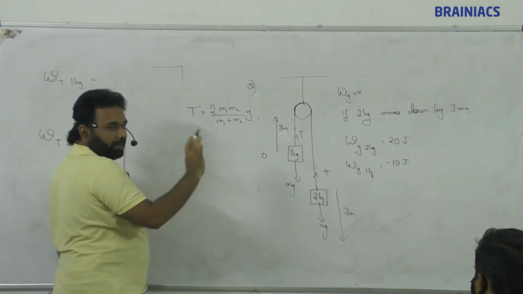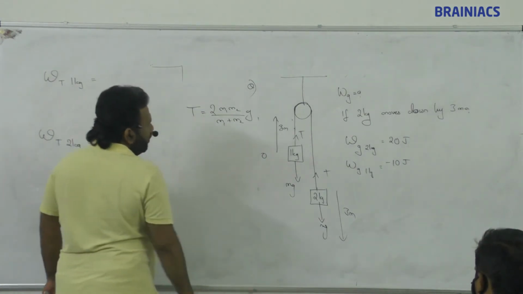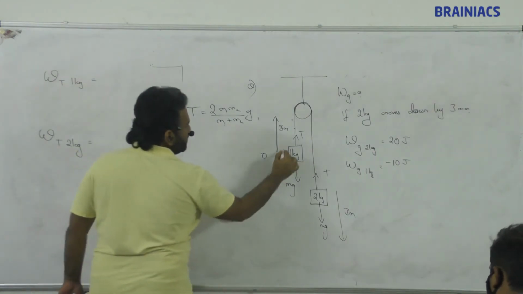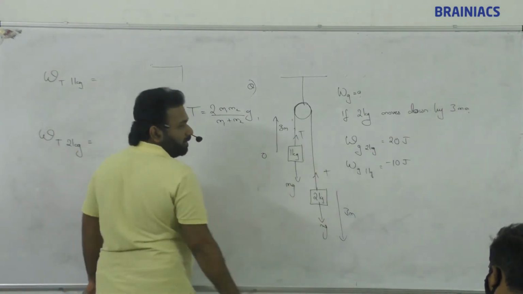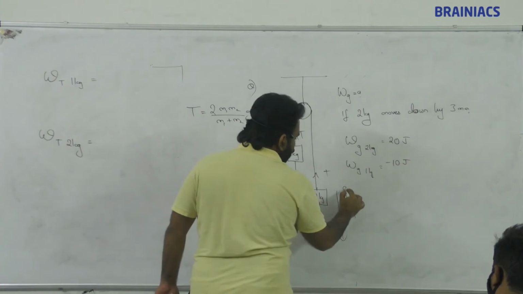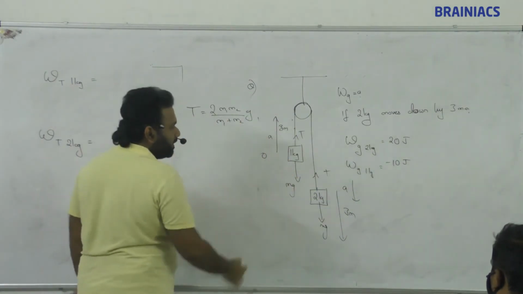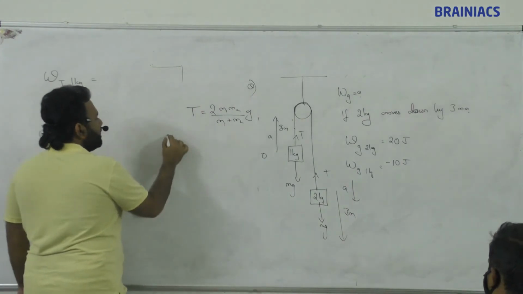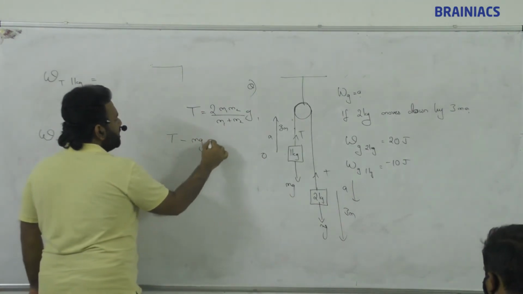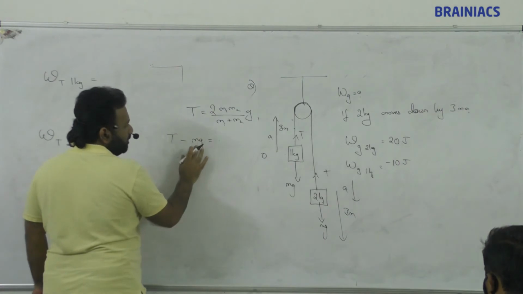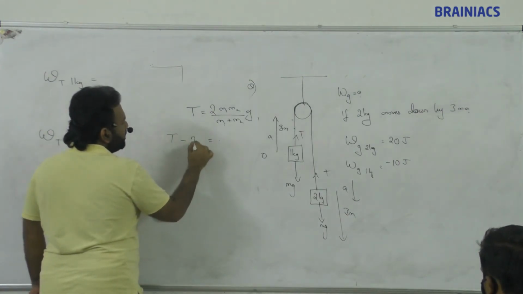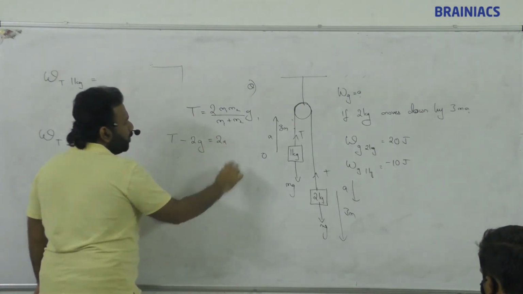For the other case, that was different from this, that 2 will not be there. So this is the formula, or otherwise, this is coming down 3 meter, so acceleration will be in this direction, and here acceleration will be in this direction. So T minus mg, T minus 2g is equal to what? 2a.